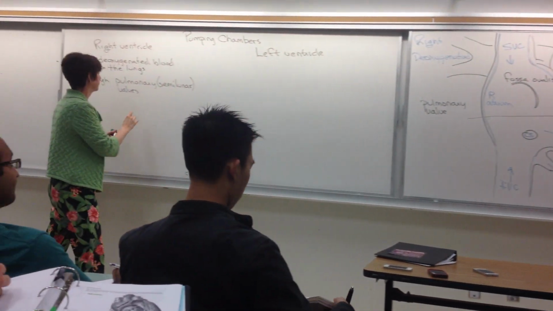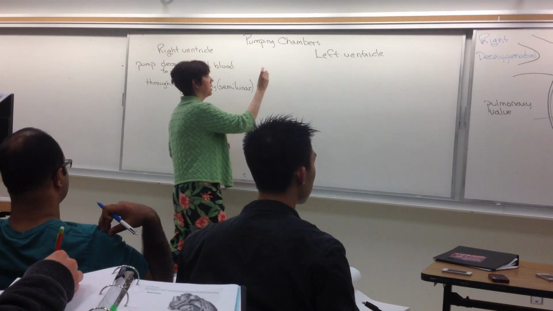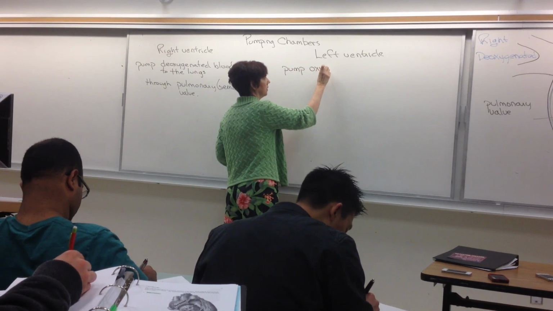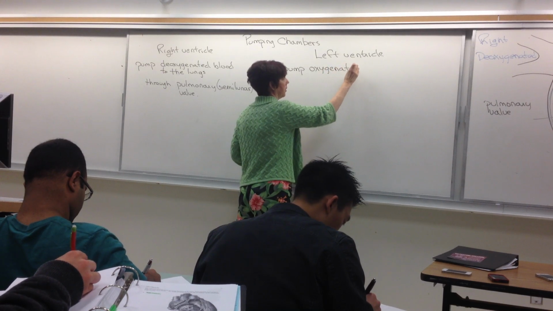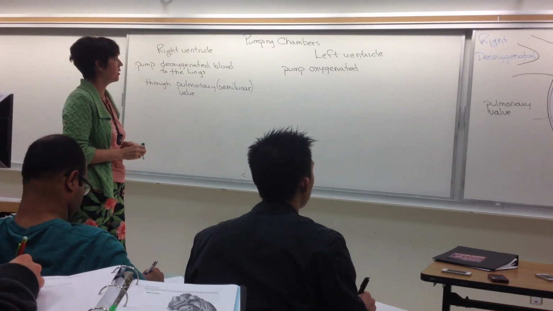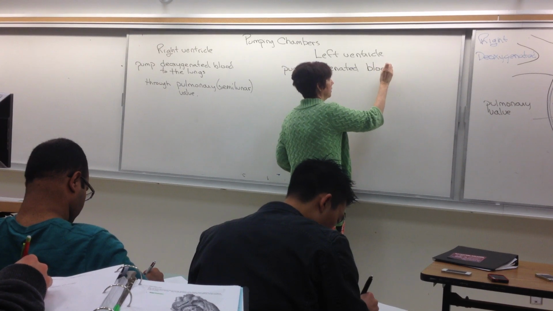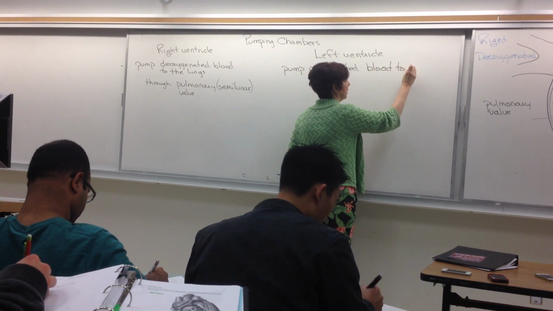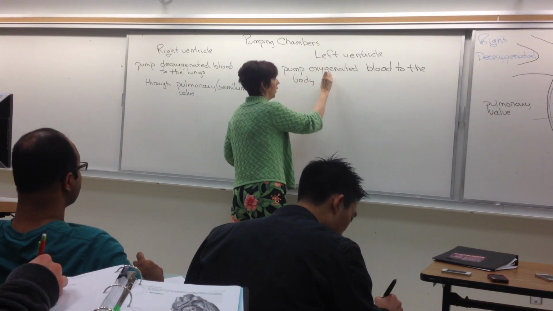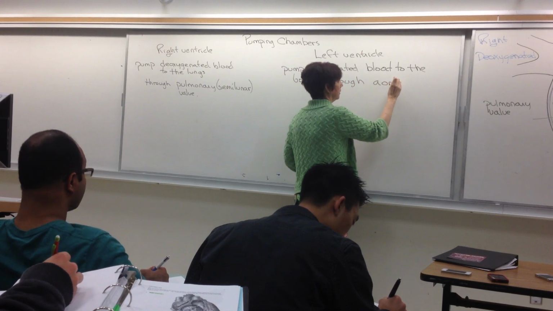The left ventricle is going to pump oxygenated blood. Remember, it received oxygenated blood from the lungs via the atria. So it's going to pump oxygenated blood to the body through aortic valves.